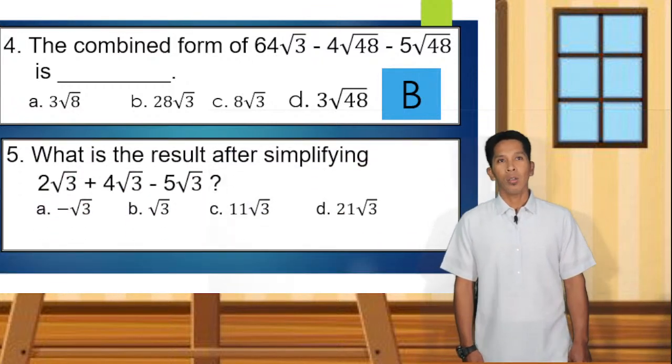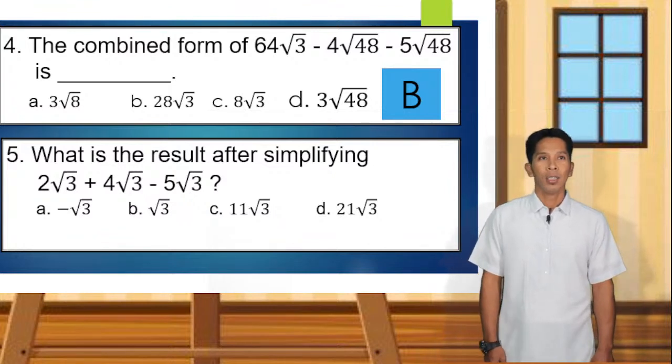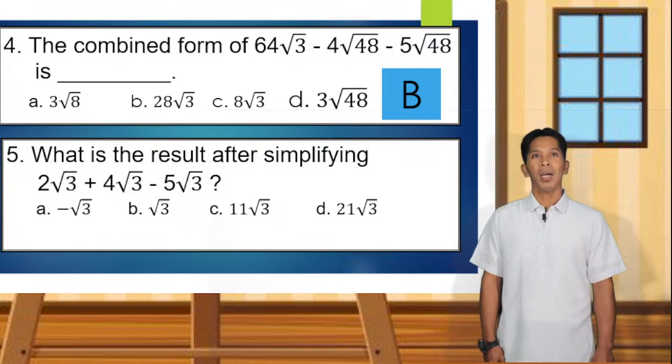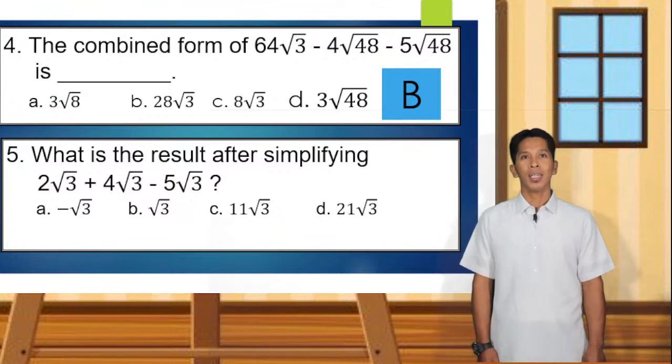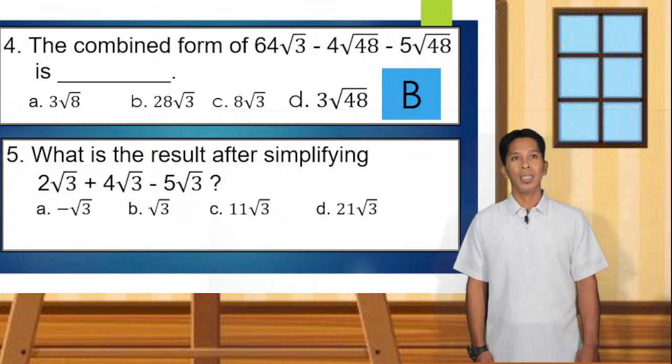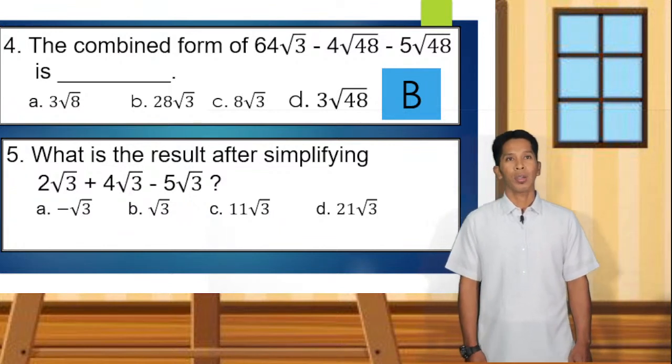What is the result after simplifying 2 square root of 3 plus 4 square root of 3 minus 5 square root of 3? Is it letter A, negative square root of 3, B, square root of 3, C, 11 square root of 3, and D, 21 square root of 3?